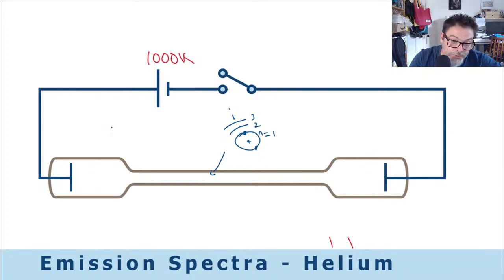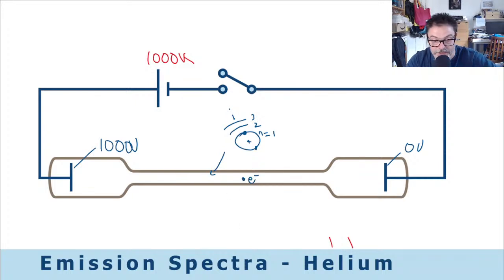Then what you do is you put a big voltage between these plates. So the potential difference between those plates is 1000 volts. Now what that means is that if you just happen to have, notice what I said there, a free electron in there somewhere, that's going to feel a great big attractive force towards this positive plate here.